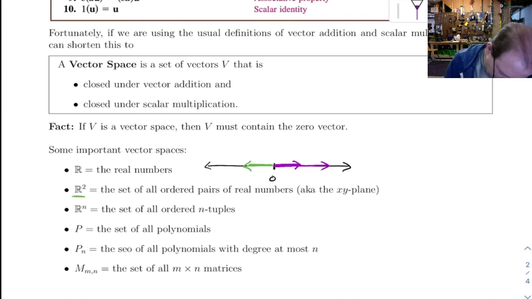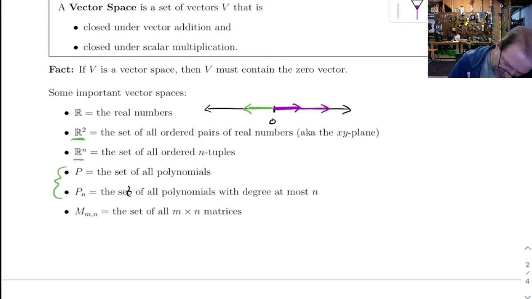And the same is true for R2, for any Rn. And we've got a couple over here that are a little more abstract. The set of all polynomials. If you add two polynomials together, you get another polynomial. And if you take a polynomial and multiply it by some coefficient all the way across and distribute it out, you've still got a polynomial. And also Pn. That's the set of all polynomials with degree at most n.